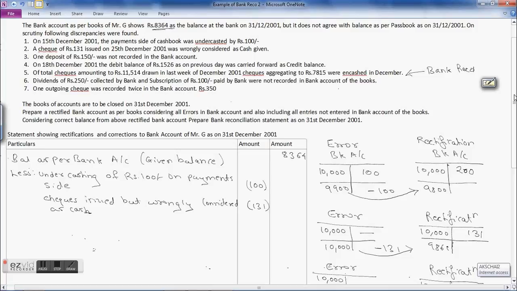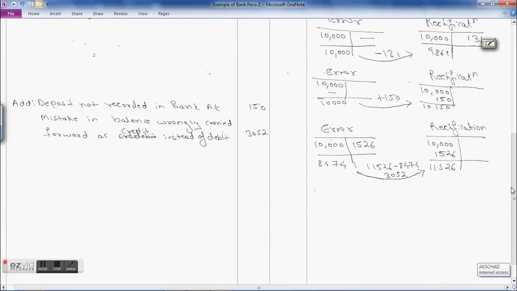Dividend of rupees 250 collected by bank, so the amount has been received by the bank. What will be the entry? Bank account debit to dividends account. So the debit balance of bank will increase, and we'll add rupees 250.